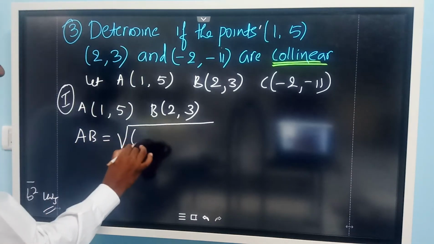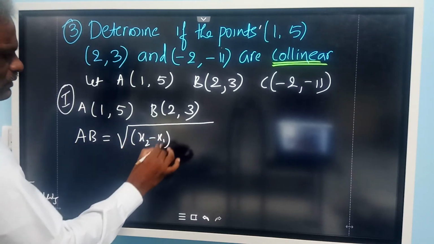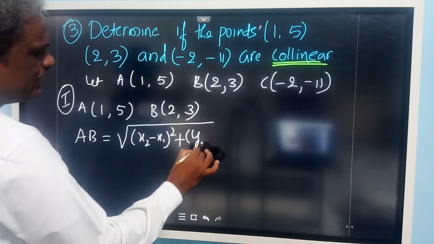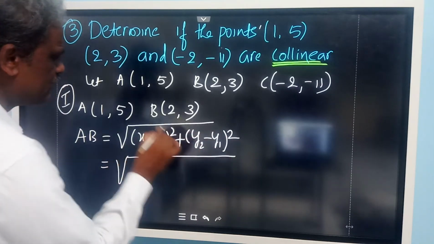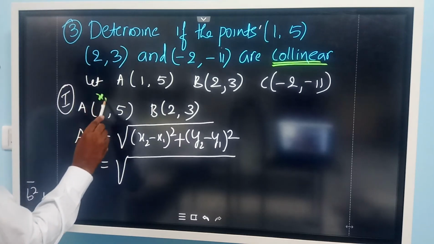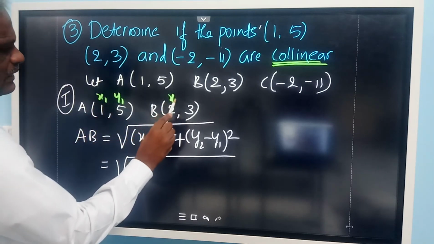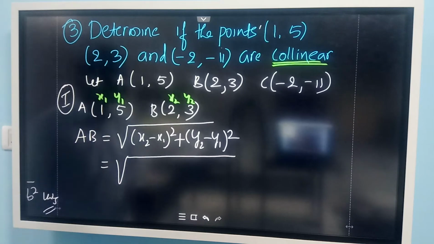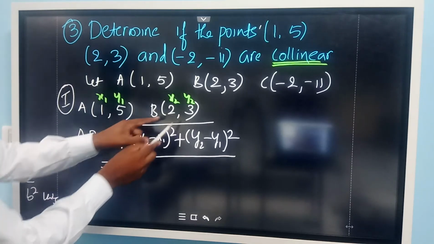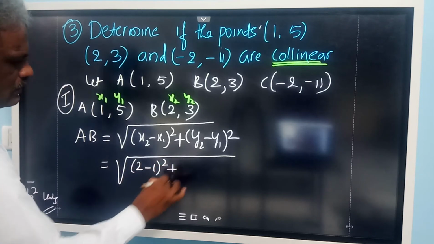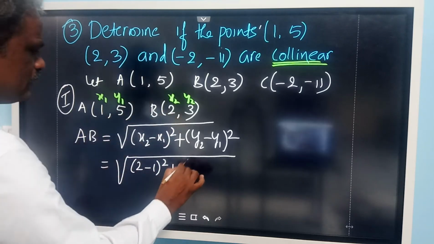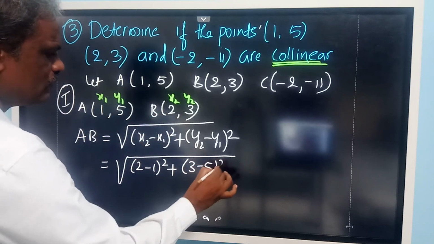AB is equal to the root of (x2 minus x1) whole square plus (y2 minus y1) whole square. Here this is x1, y1 and this is x2, y2. So x2 minus x1 is 2 minus 1, whole square, and y2 minus y1 is 3 minus 5, whole square.